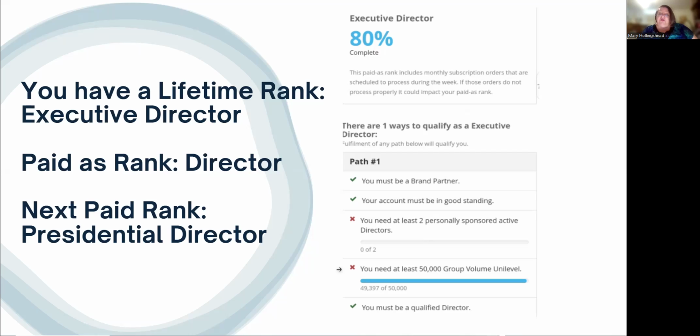At this time, they're at 49,000. And so they need about, I think it's like 1,700 more group volume to be able to hit their executive director, besides having 2 active directors. And they must be a qualified director themselves.